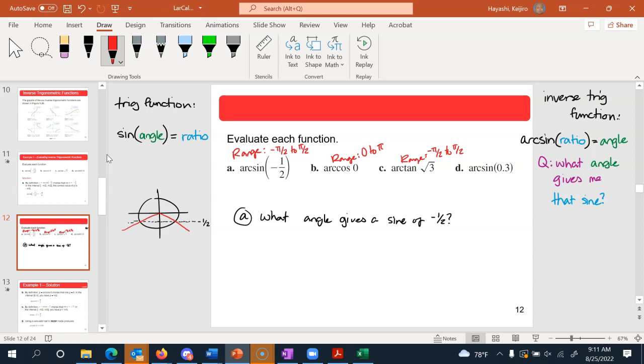which you might find are 11 pi over 6 and 7 pi over 6. The problem with both of these is that they're not in this range.